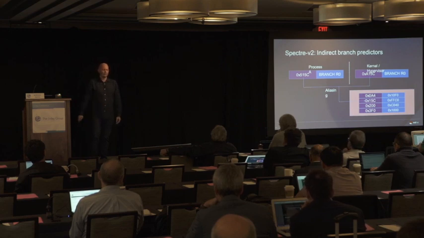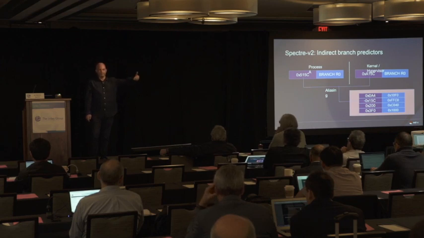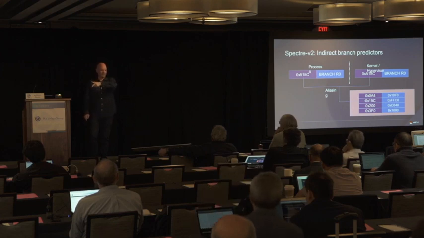And so we can do something called predictor poisoning, where we write some malicious code that's going to train our branch predictor to guess that next time we call this function, we're going to go here. Actually, it should go there, but because we write some code that repeatedly makes calls that look like it should go here instead, we're going to mispredict it the next time.